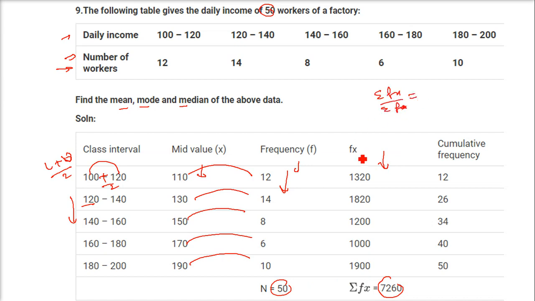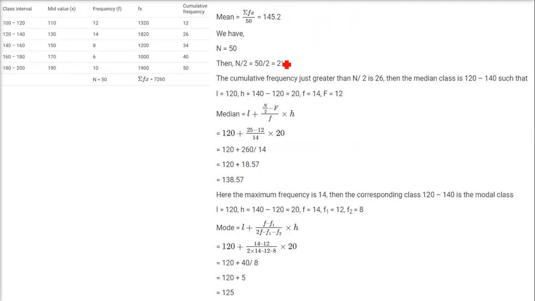We have not taken an assumed value, so we don't add the assumed mean. This will be 7260 by 50 and this value comes to be 145.2.